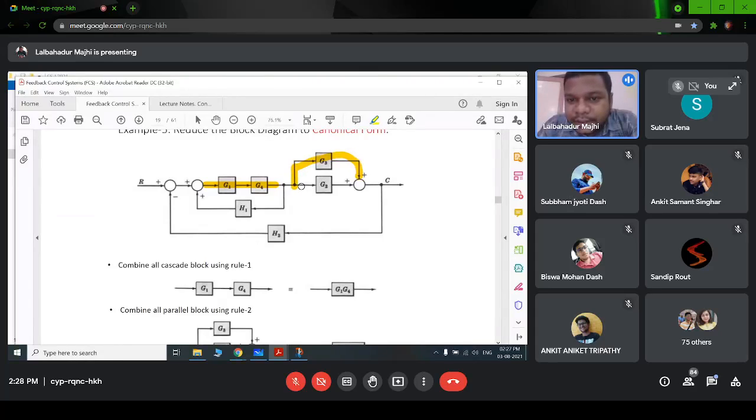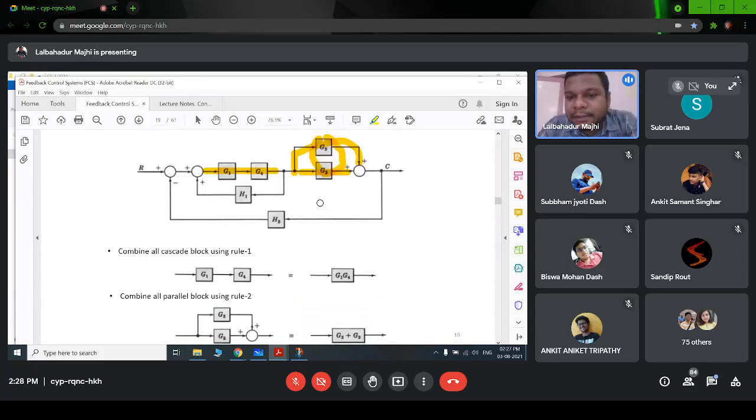You can see the direction of the arrows is the same. That means these two are in parallel. This G3 and G2 are in parallel. If two blocks are in parallel, they will be added. So this G2 and G3 will be the summation. It will be represented with a single block with G2 plus G3.